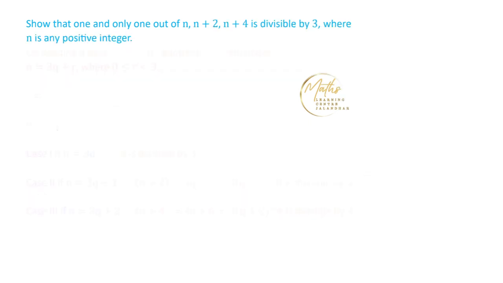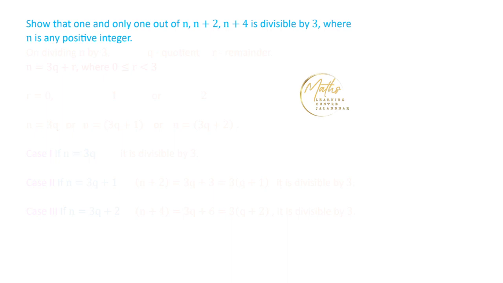Now the next question we have is: show that one and only one out of the numbers n, n plus 2 and n plus 4 is divisible by 3, where n is any positive integer. So we proceed in a similar way as in our previous question.